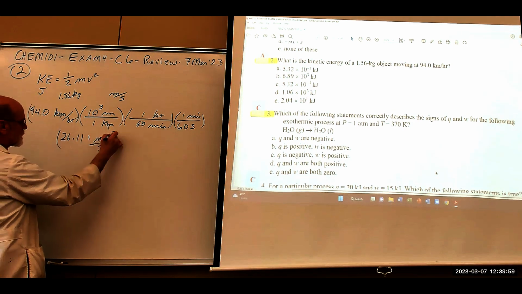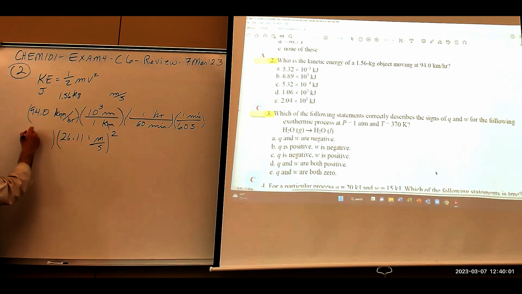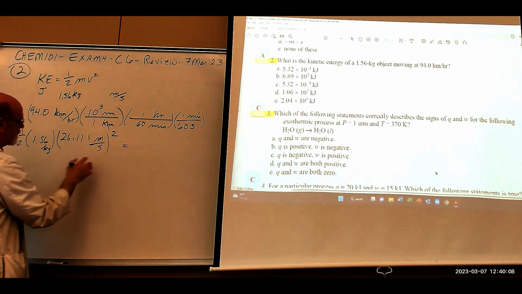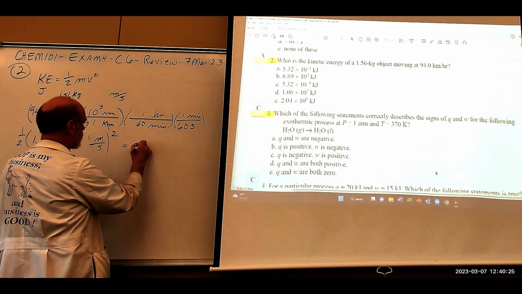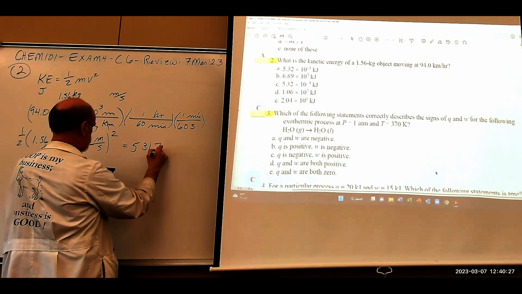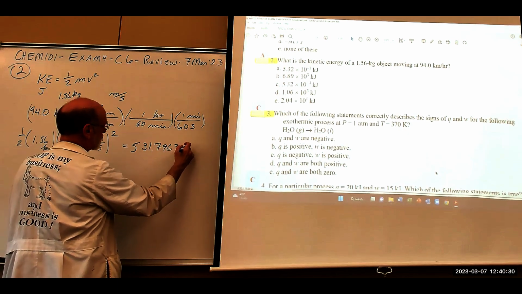So that's going to be this term, and then the mass is 1.56 kilograms, and then times a half. I've got that in my calculator already. I'm going to square it, and then times 1.56, and then take half of that. My calculator says 7963 joules.